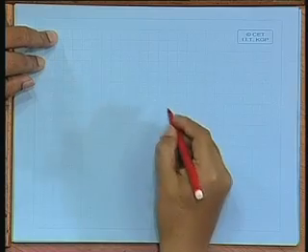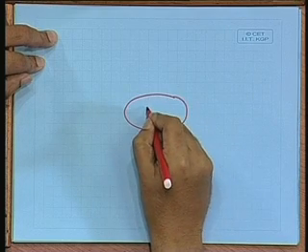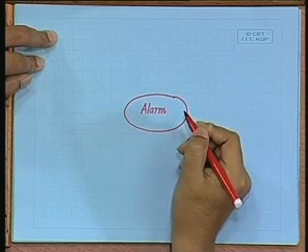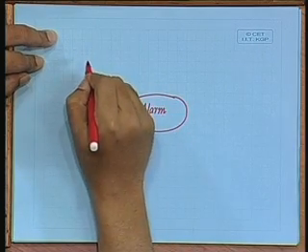Now, for example, if you recall the burglar alarm example, we had alarm here in the network, and then we had two possible causes for the alarm.